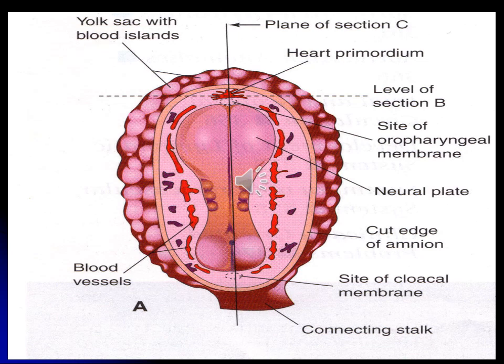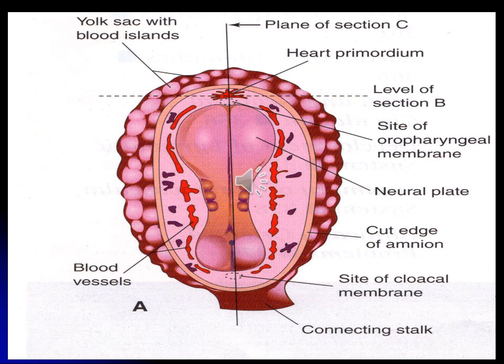Here is a diagrammatic representation of the developing cardiovascular system. As you can see, there is a heart primordium which is the cranialmost structure, and that is where the heart is going to be formed. And if we take a section, we will see how it looks in the subsequent slides. And what we have to appreciate is the formation of the various blood islands, angiogenic clusters, which will aggregate themselves, which will gather themselves to form the various tubes which make up the cardiovascular system.